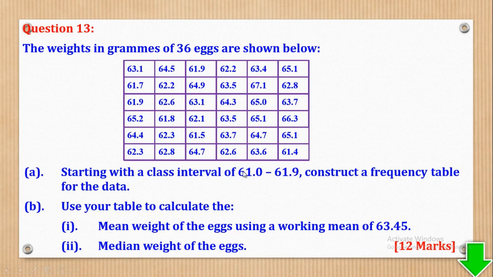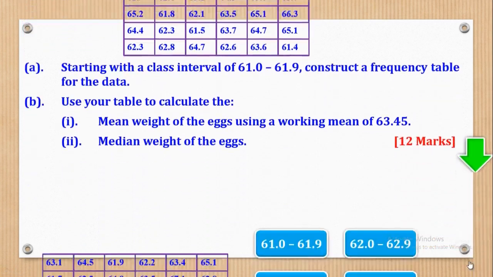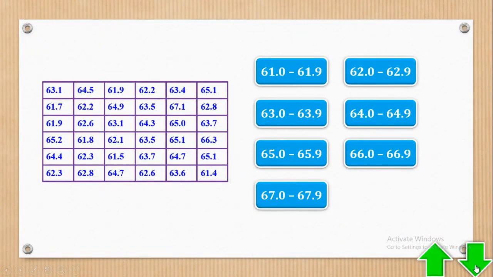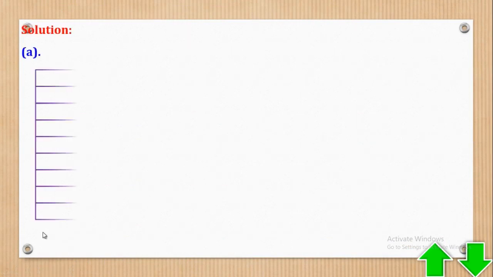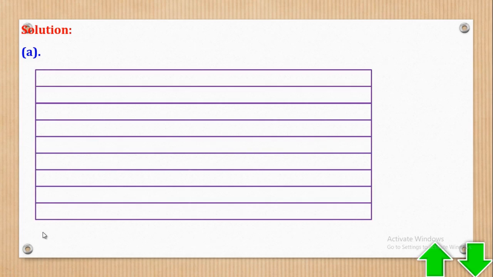So the first thing to do is to tabulate, but this tabulating will involve what we call tallies. So you come and tabulate our required values. We shall start with the classes. They gave us the class to use starting from 61.0 to 61.9.